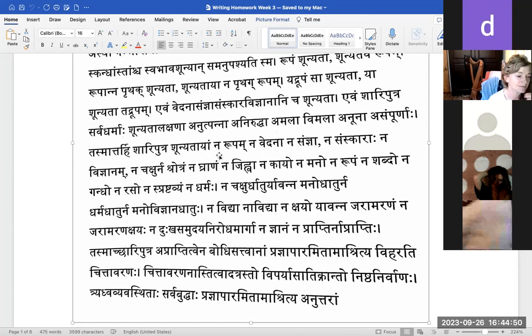Shunyatayam na rupam na vedana na samnya na samskaraha na vijnanam na chakshur na shrotram na dhranam na jiva.